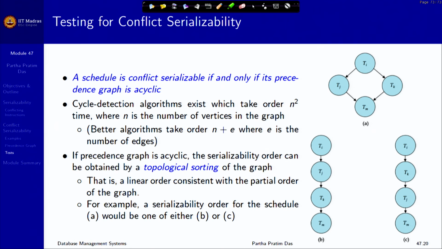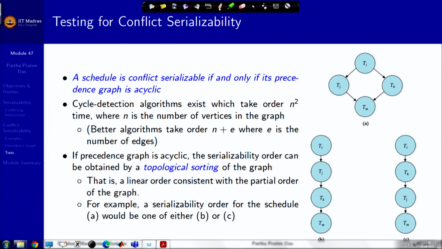Because if it does not have a cycle, then I can always go in the topological order of the transactions, and that will be valid, and that gives you finally a serial schedule. So, the topological sorting of the acyclic graph will give you the order in which the transactions will produce the effect. Right. So, that is the basic model that we use.